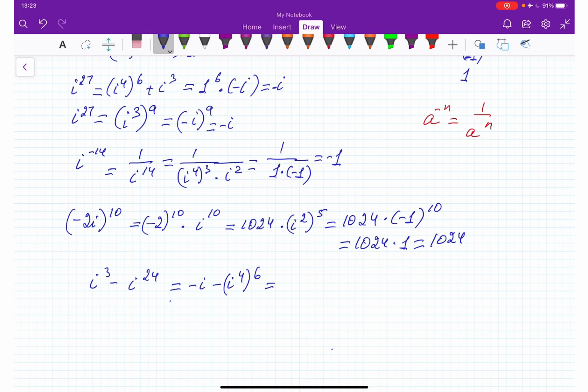Why is it the best way? Because we know that i to the power 4 is 1. So we are getting negative i, and i to the power 4 is 1, minus 1 to the power 6. It's going to be negative i minus 1. Okay? So we can write it in the format of a complex number a plus bi, which means I can rewrite it as negative 1 minus i.